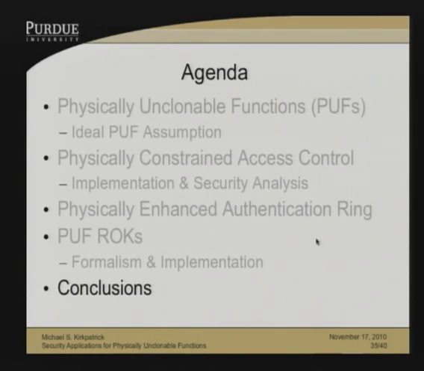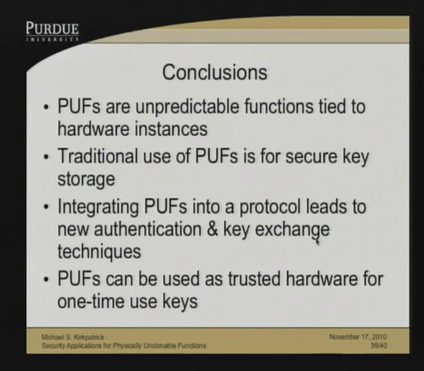Okay, so conclusions from all of this. Puffs are, I think, very interesting. They're unpredictable functions whose behavior is tied inherently to a physical instance of a piece of hardware. And the traditional uses of puffs that have been proposed have typically been for things like secure key storage.